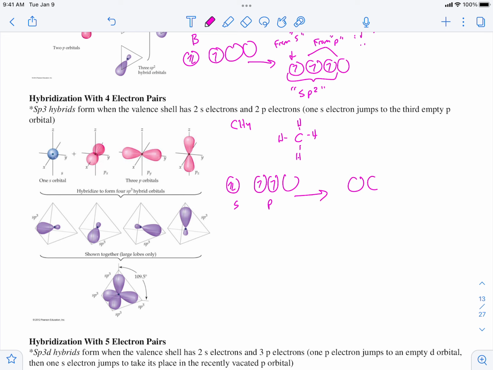So that s electron is going to move to the last p orbital, and then we have a hybridization with sp3. 1 from s, 3 from p. That's where the name comes from.